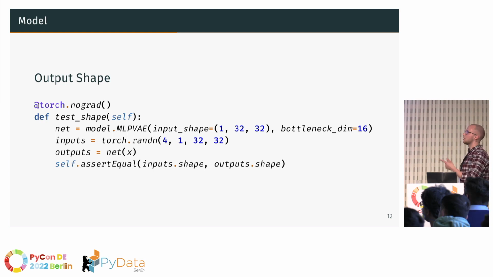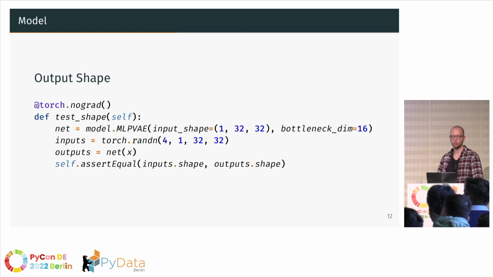So here we instantiate our variational autoencoder. It expects an input shape, and because it's an autoencoder, it should output a tensor of exactly the same shape. So what we do is random input, put it through our net, and see if the shape matches. Pretty easy. The thing to notice here is the decorator above the function.